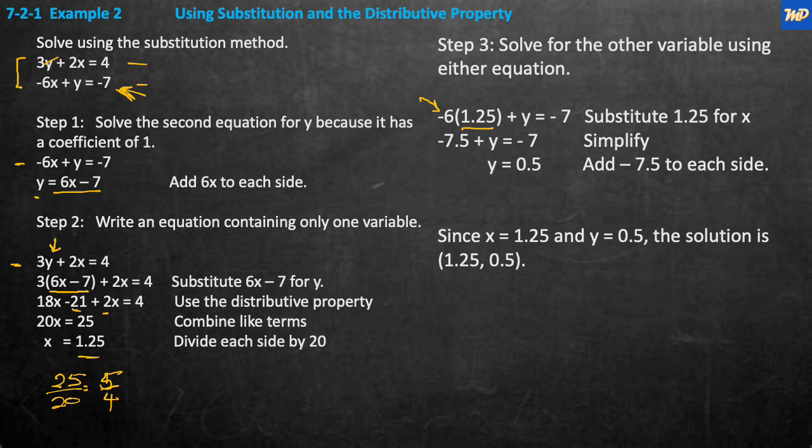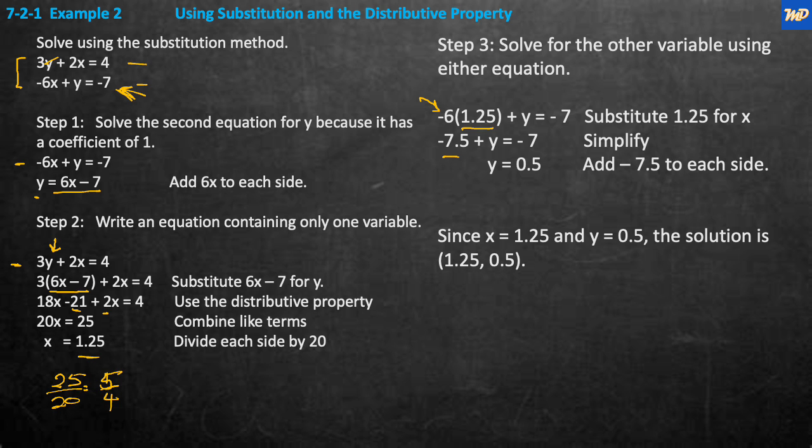So we have negative 6, substitute the x value of 1.25 plus y equals minus 7. So here I have negative 7.5 plus y is equal to negative 7. So we're going to move the negative 7.5 to the other side.